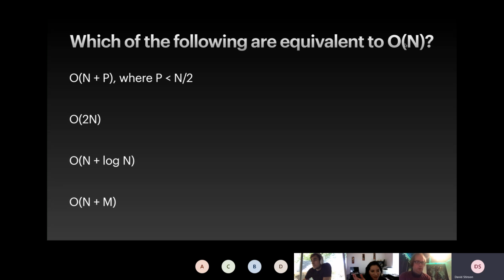Okay, so I'm going to choose everything except for C. Well, I think A is fairly similar to C in a weird way.